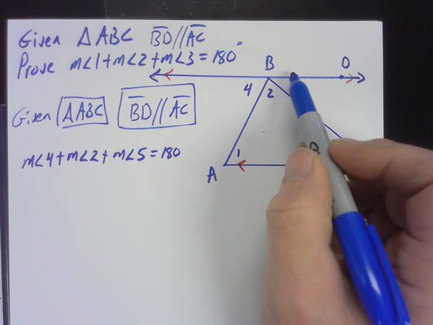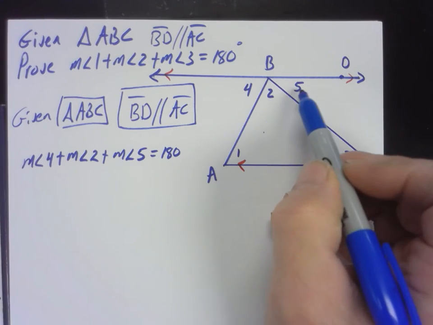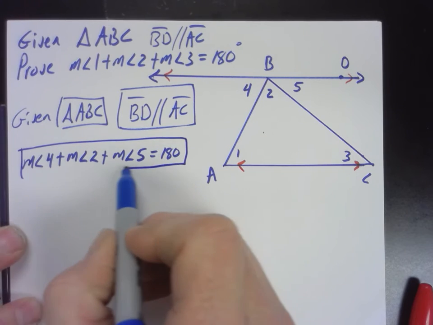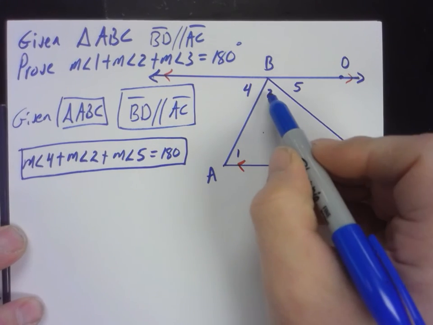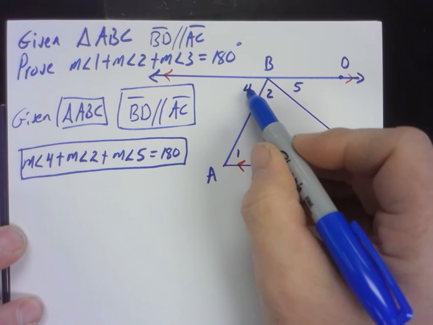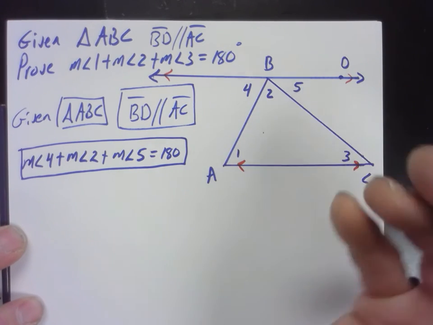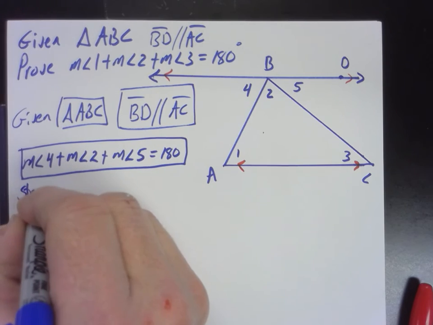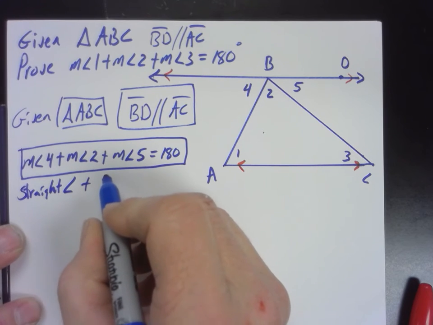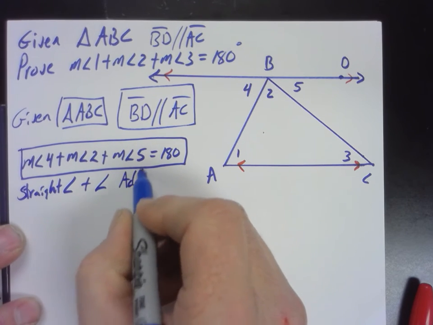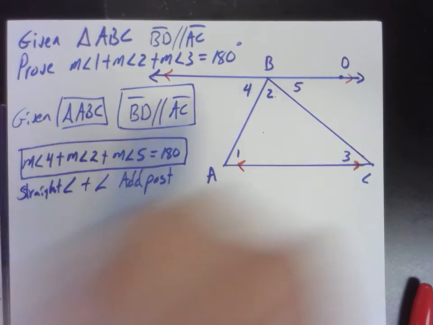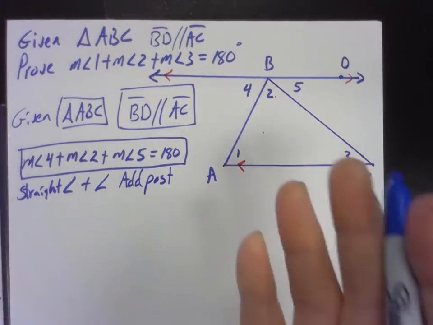No. But between our segment addition postulate and just knowing what a straight angle is, can we say that their sum's got to be 180? We know what a straight angle is, and the angle addition postulate just says that each individual one adds up to the whole thing, right? Okay, so their sum's 180.